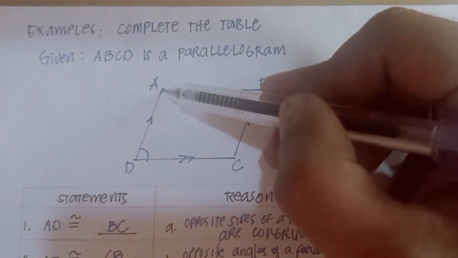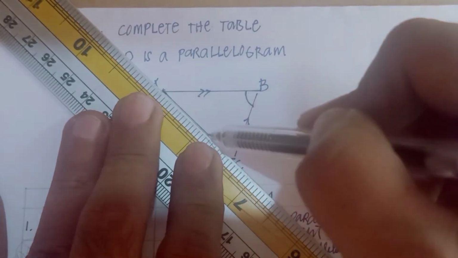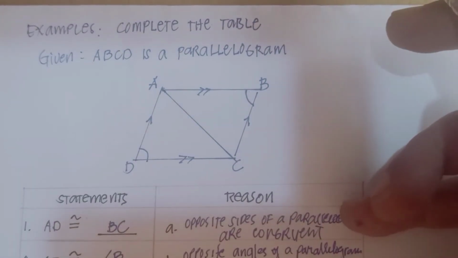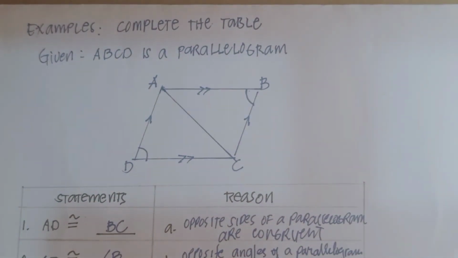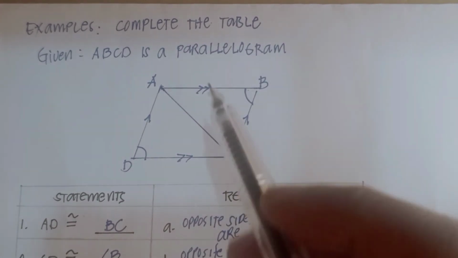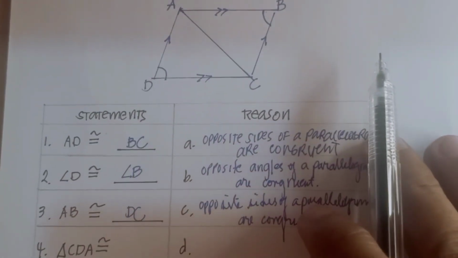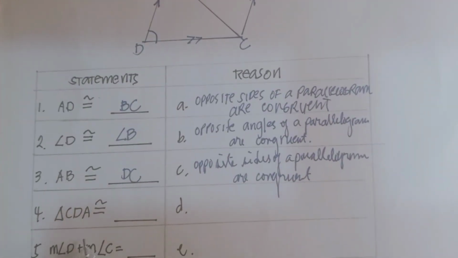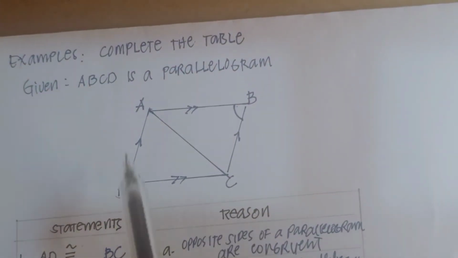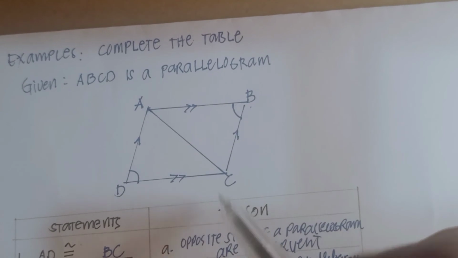So, ito yon. So, mag-draw tayo ng diagonal na AC dito. So, kasi kapag nag-draw ka daw ng isang diagonal sa isang parallelogram, nakaka-form daw ng congruent triangles. So, yung triangle CDA is congruent. Triangle CDA right here, CDA is congruent to triangle ABC. Ayan, no?